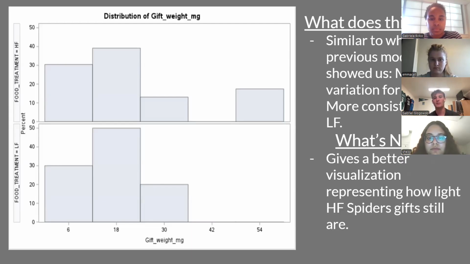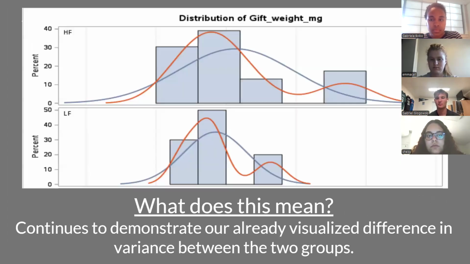Although it gives a much better visualization in terms of looking at that, in reality, the weight for the high food diet spiders, they're not crazy different to that of the low food diet. It might be higher, but it is not a crazy significant number higher.